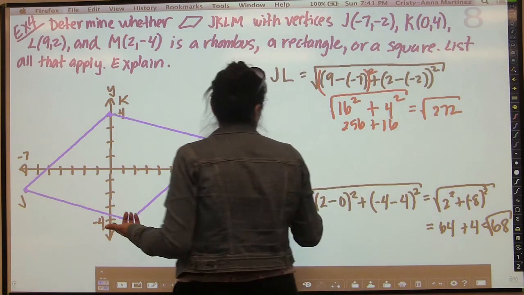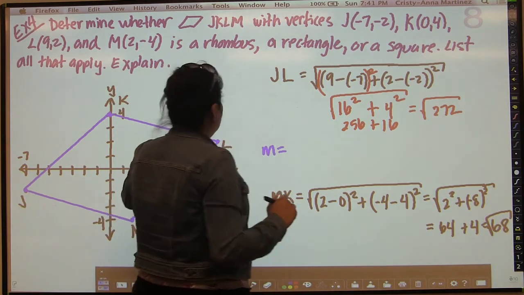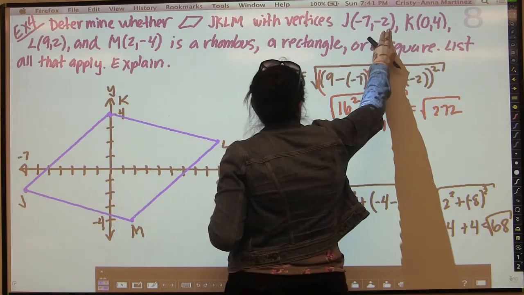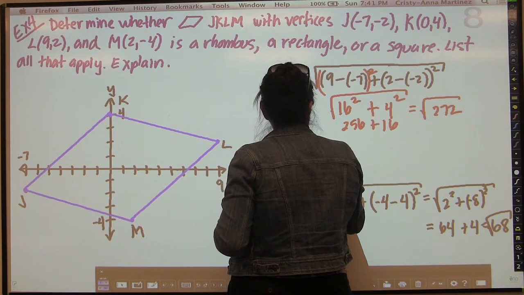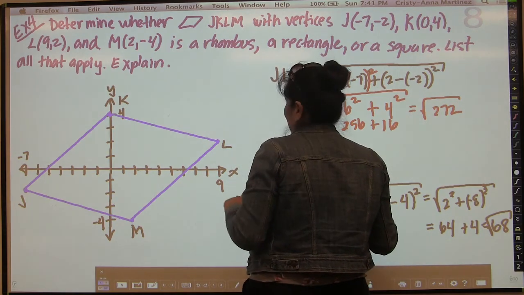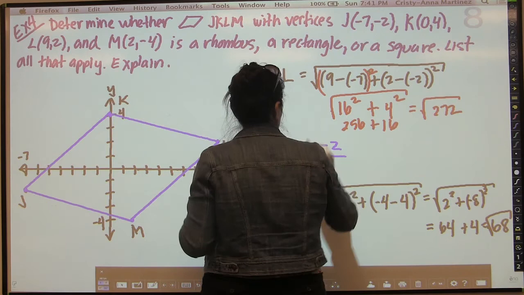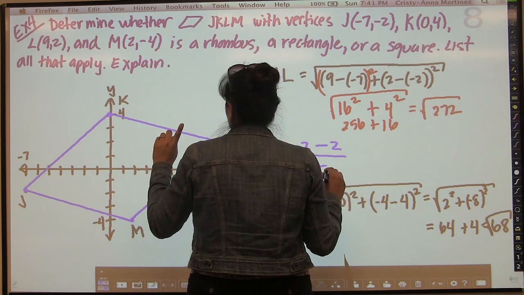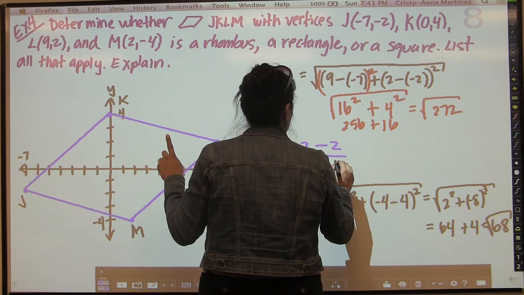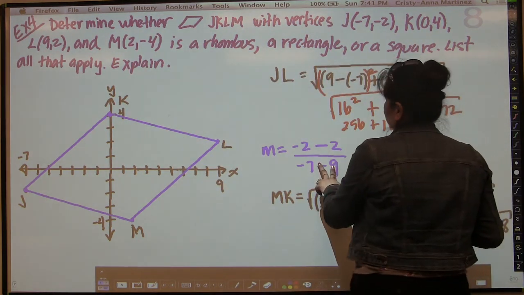So the slope formula is the change in y over the change in x. Again, I'm going to J and L. So I'm trying to find the slope of JL.